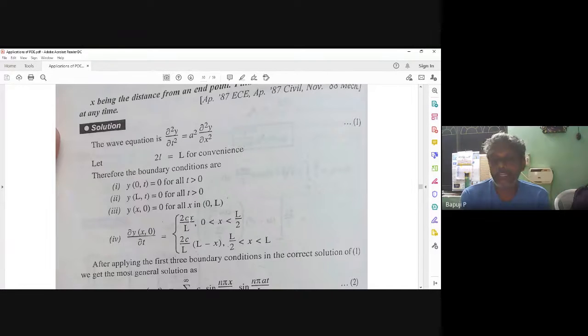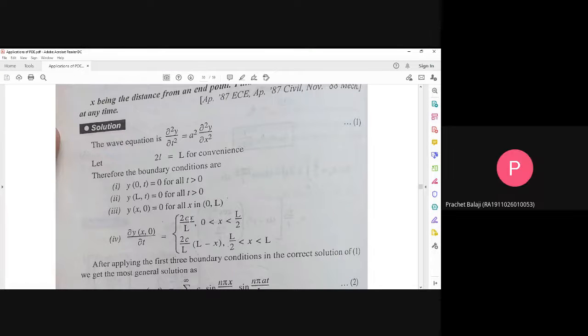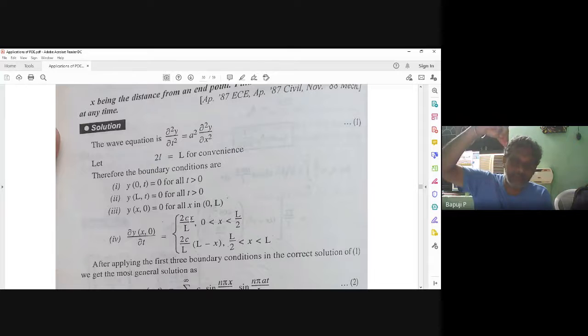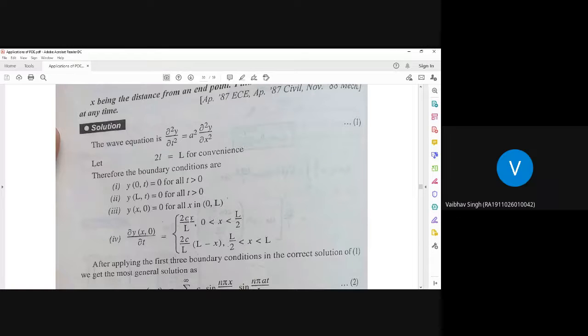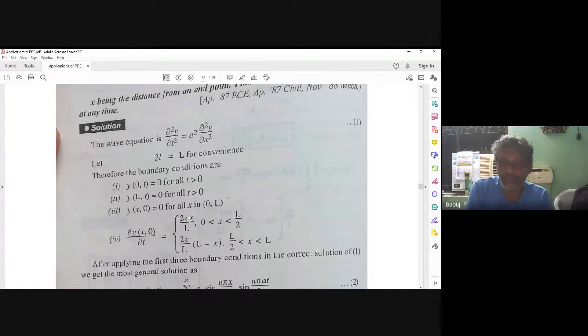A string of length L stretched at its midpoint to a distance b transversely, I told you, or not? Did you get the triangle shape or not? There I told you these people are not giving the equation. You have to form the equation, I told you or not? What equation did you get? At least now see this equation and tell me.